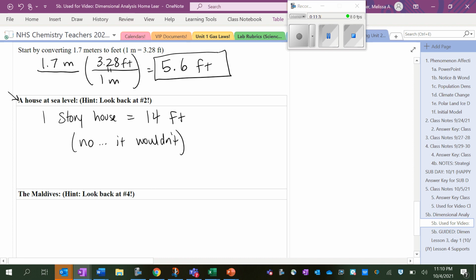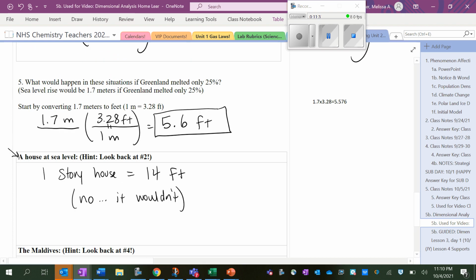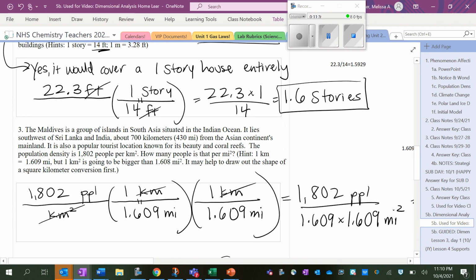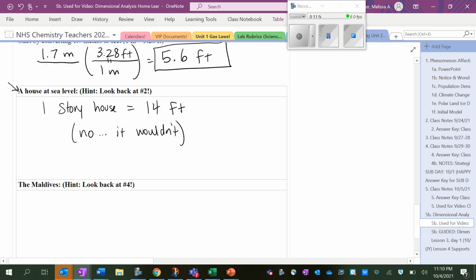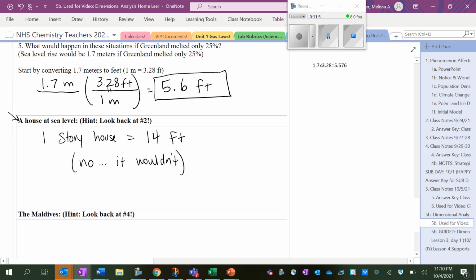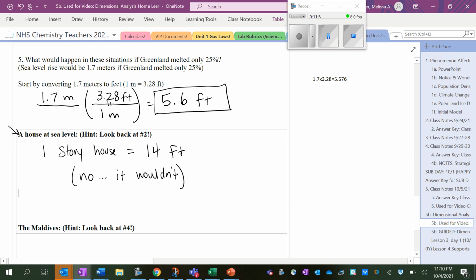Okay. And then what about the islands? Look back at number 4. They are 72 inches above sea level, which we calculated was 1.8 meters. So would it cover them if the sea level rose 1.7 meters?